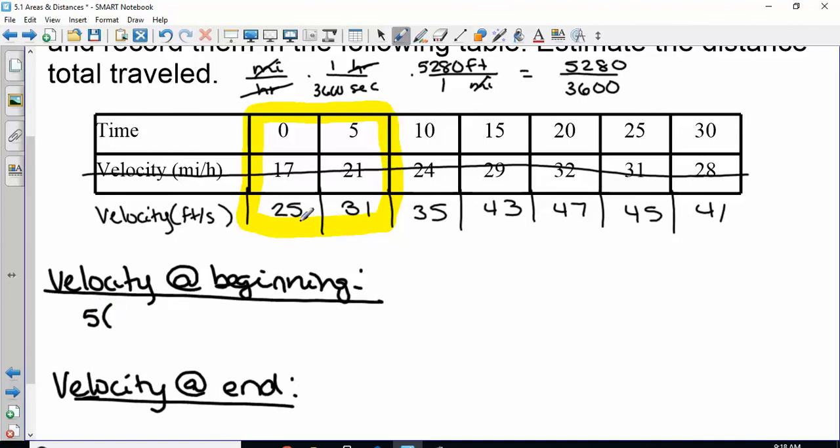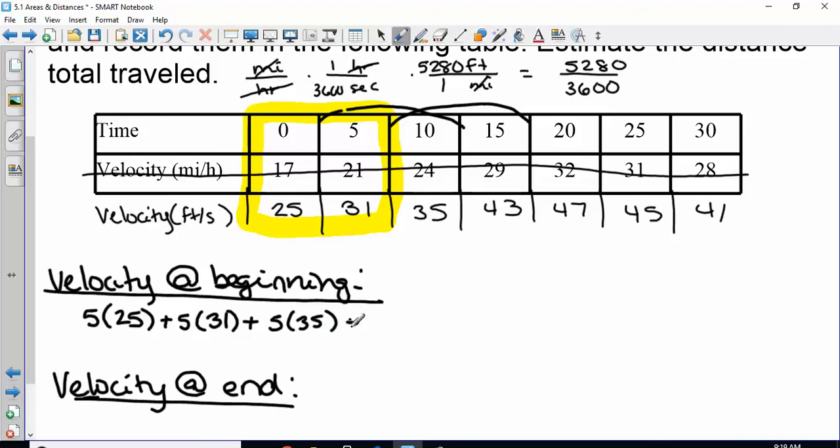And our rate, if we're basing it off the beginning, we would say we are going 25 the entire time. The second time frame we would do from 5 to 10. What's the length of that time interval? 5. And what speed would we assume the entire time? 31. If we went from 10 to 15, the length of that time interval is 5. What speed would I assume?